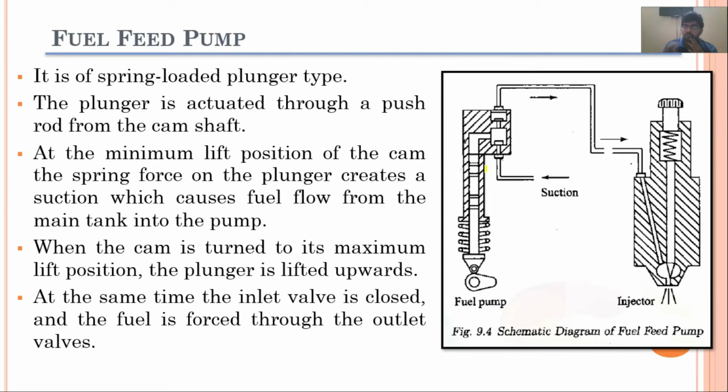We will discuss four important components: first one is the fuel feed pump, second is the injection pump, third is the governor system, and fourth one is the fuel injector. We will discuss these four components in quite some detail.